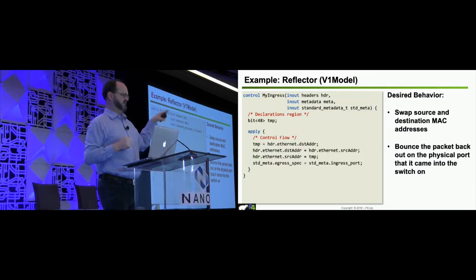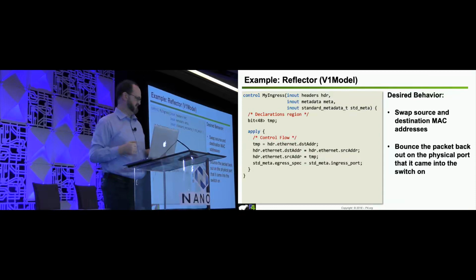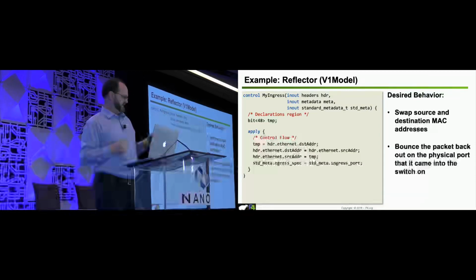Assuming we have the parser we saw earlier, where we parse the Ethernet header, you can pretty much assume that if you get an 8-byte packet, you're probably going to drop it, but let's assume we always have a 14-byte header come in. It will be in this hdr.ethernet header. We're going to create a temporary variable, bit<48> temp, to hold a copy of the destination address from the Ethernet header.